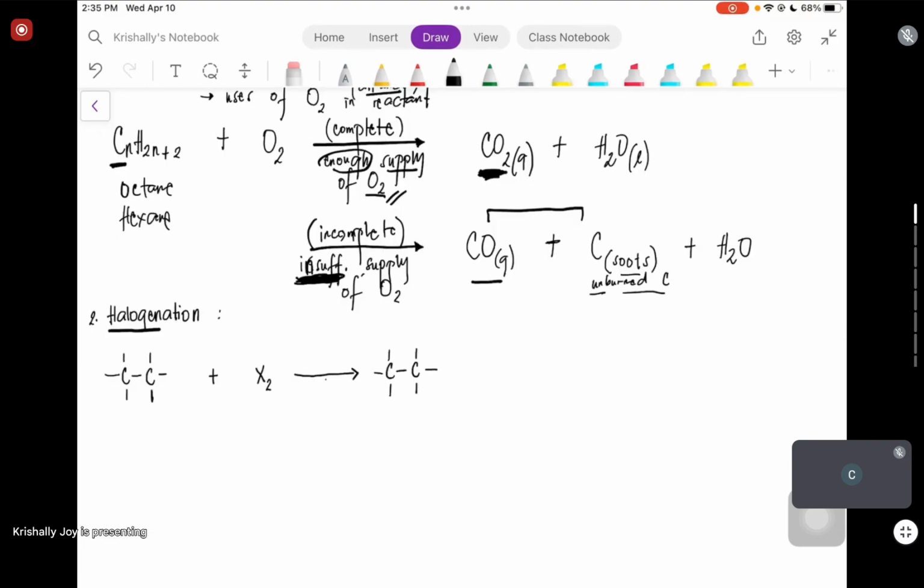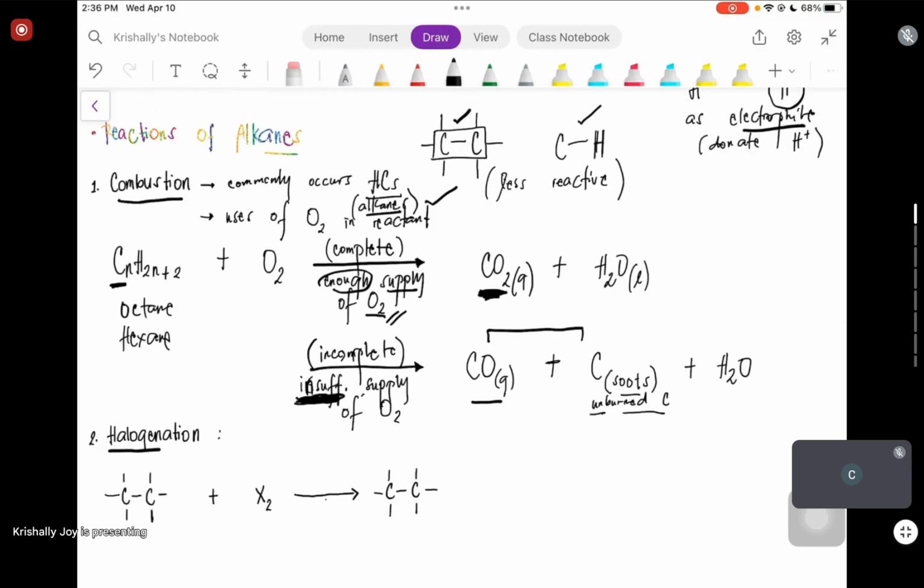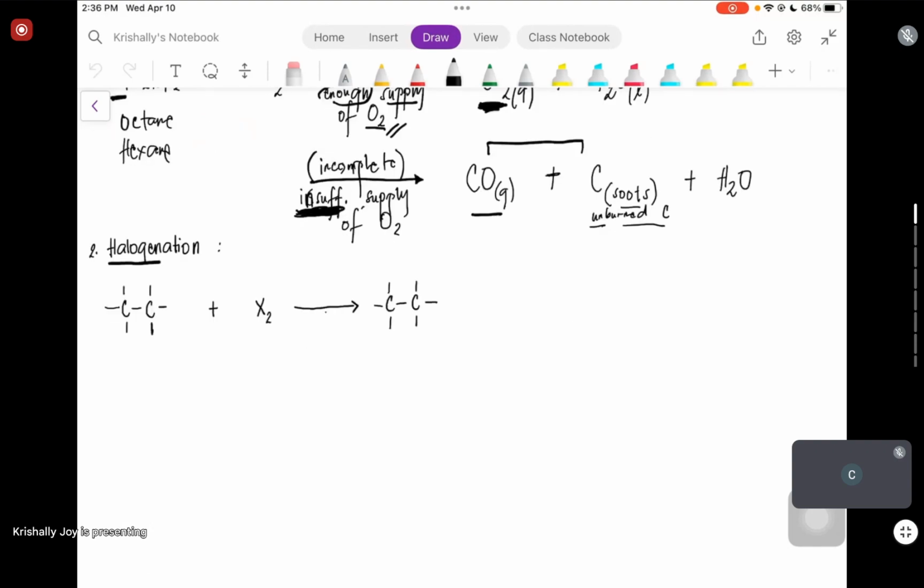So that's the first type of chemical reaction among hydrocarbons. And again, yan yung predominant, pinaka-common reaction among alkanes. The other one is rarely observed among alkanes. We call it halogenation, from the word halogen. So meaning to say, what is being reacted sa alkanes are halogens.